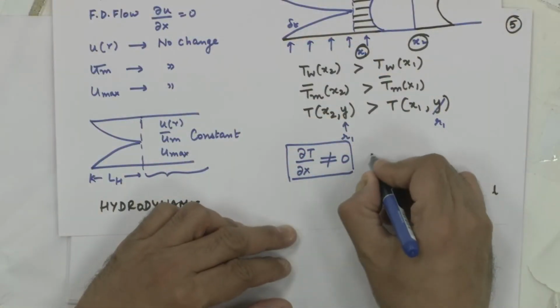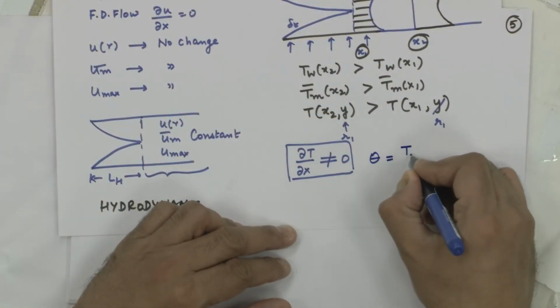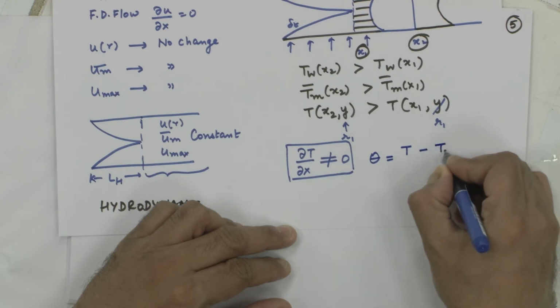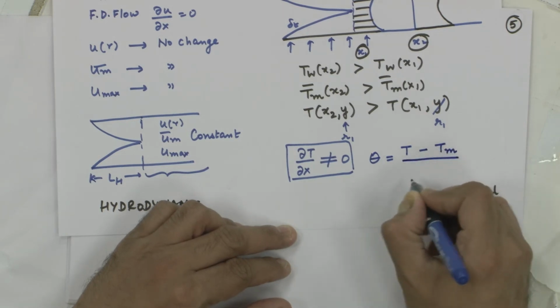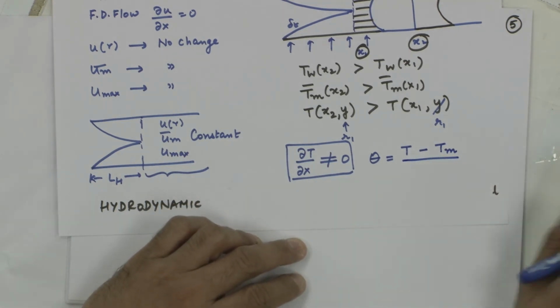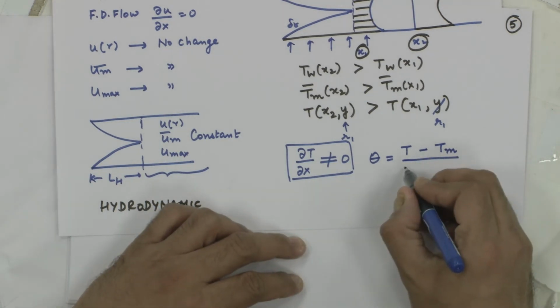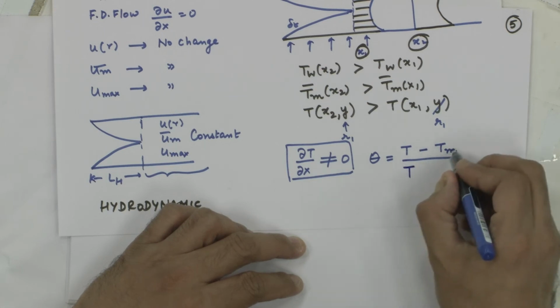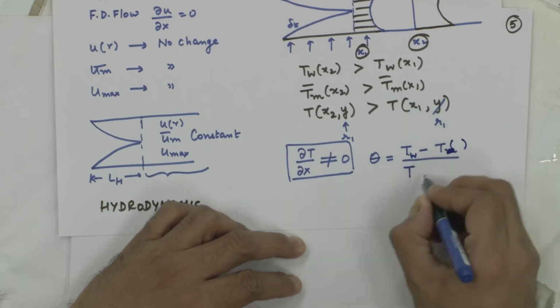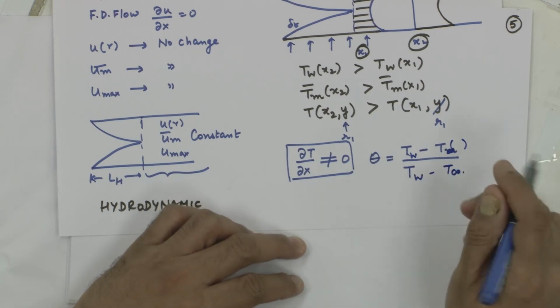And this concept of similarity of the thermal profiles is what is mathematically going to be expressed as the thermally fully developed condition. So, we can write a non-dimensional temperature theta equal to T wall minus T local over T wall minus T bulk mean.